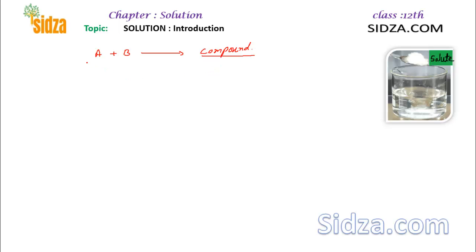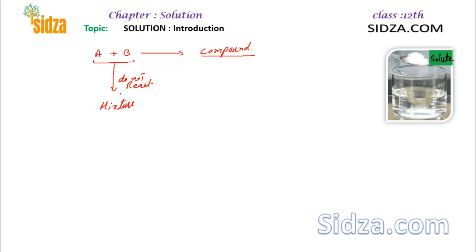But if you mix the two components here, A and B, and they don't react chemically, then what will you get? You will not get a compound, you will get a mixture.